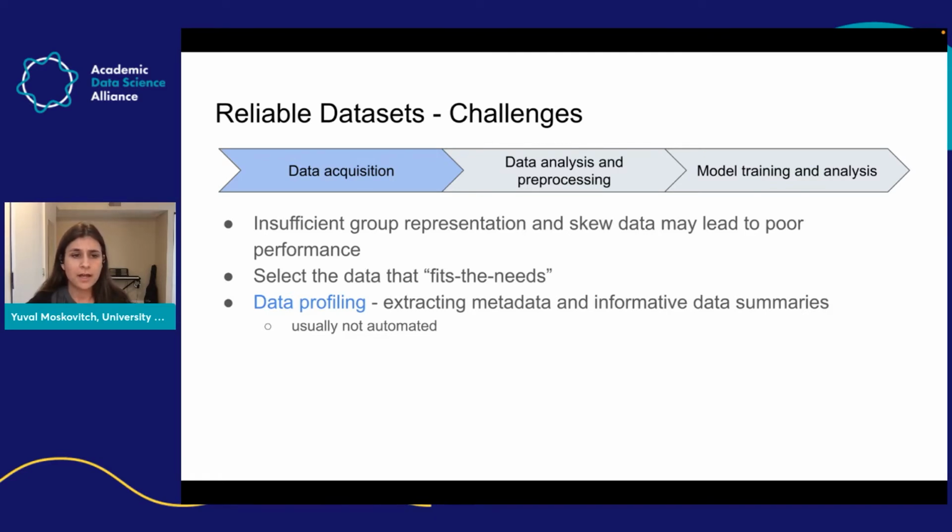When selecting or collecting the data for training, data analysts typically apply some data profiling, which is a process of extracting some metadata and useful information that can help better understand data. For example, it can help determine whether the data fits the task at hand. The problem with this process is that it's usually not automated, so it's hard to do well, and it is very time consuming.